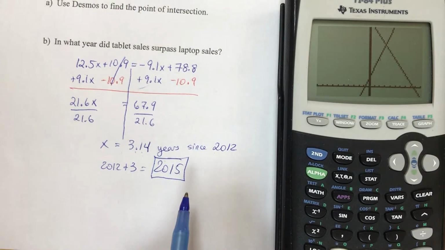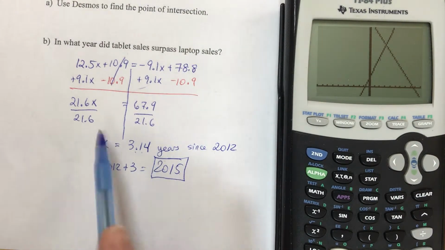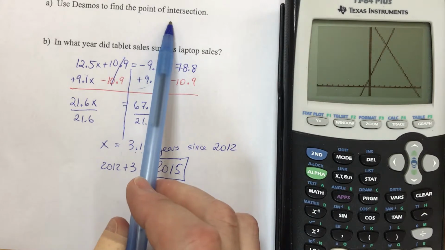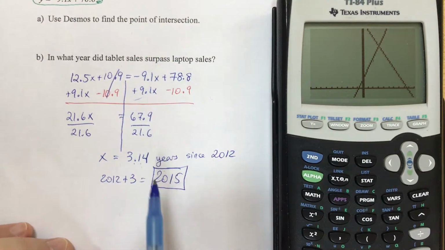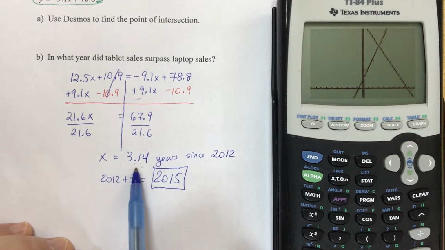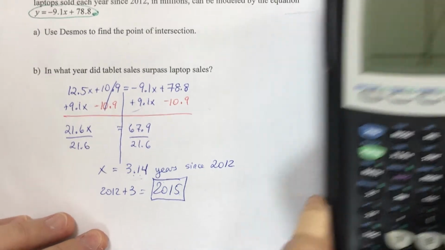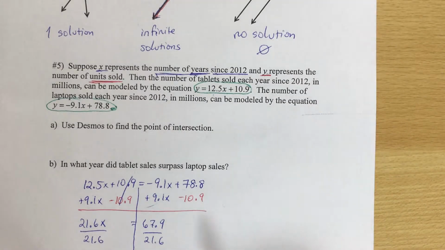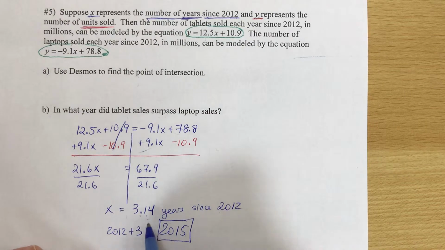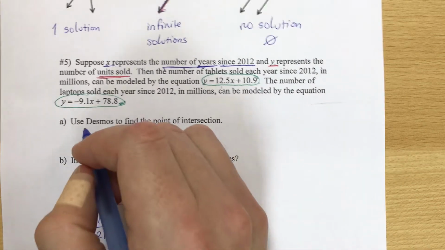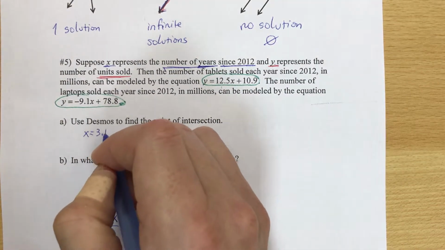Now the other thing, though, if we want the point of intersection, we also need to find the y value. So here's the x, what I need is the y. To get that, if I'm doing it algebraically, I know that x is 3.14.